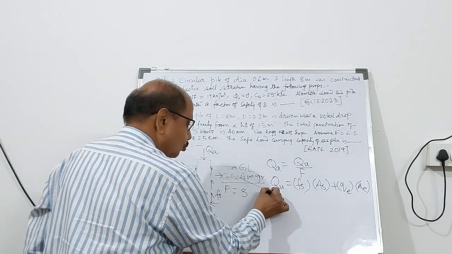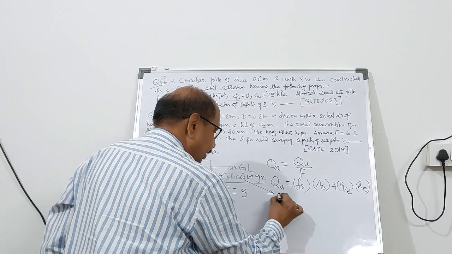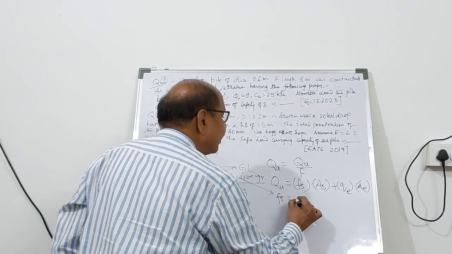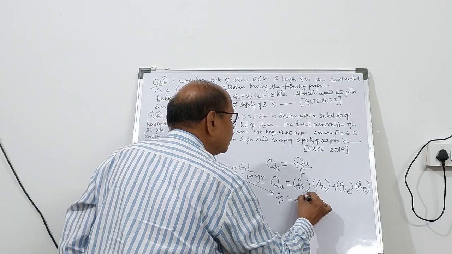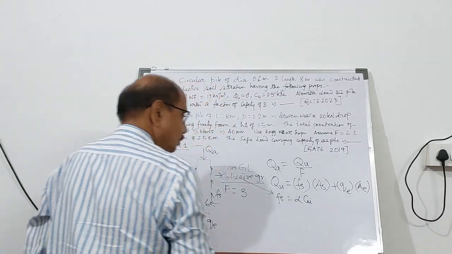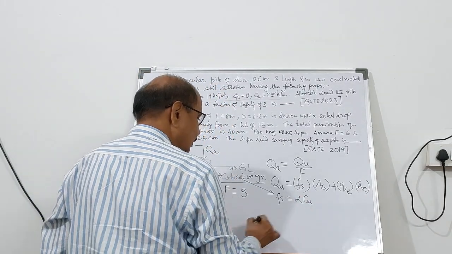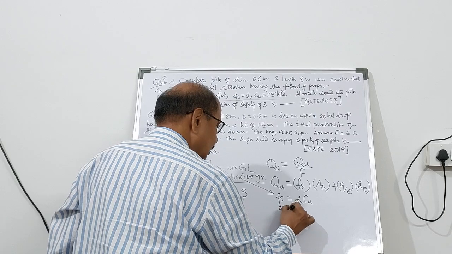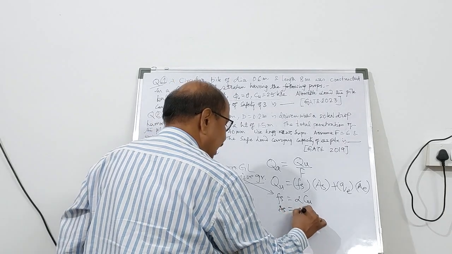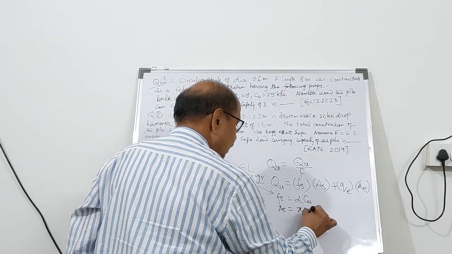For cohesive ground, the value of Fs is going to be alpha times Cu, and the shaft area is going to be pi d into L.